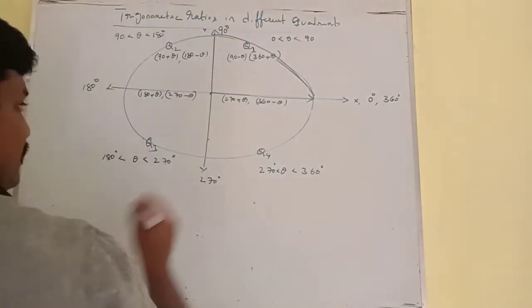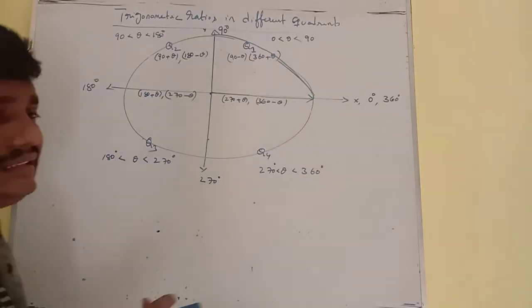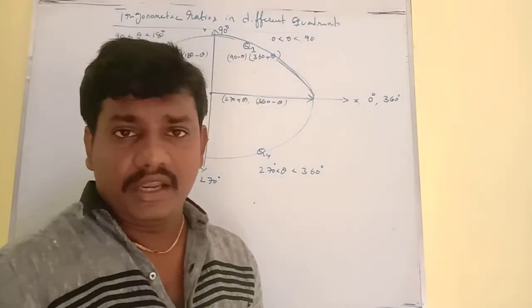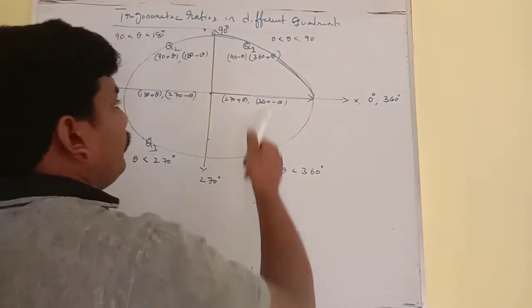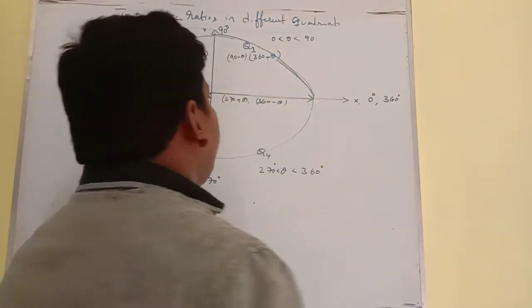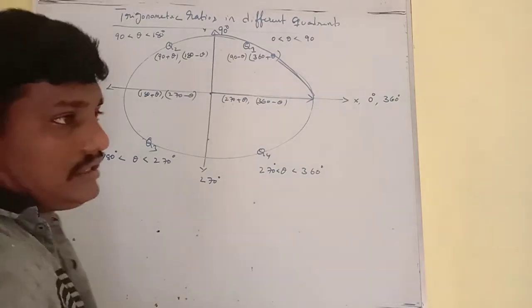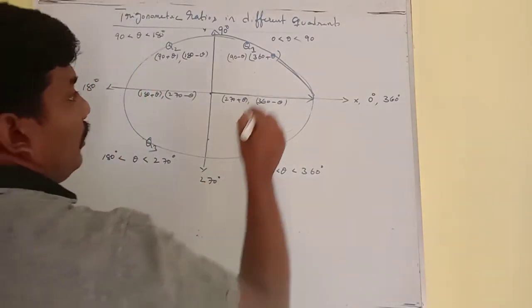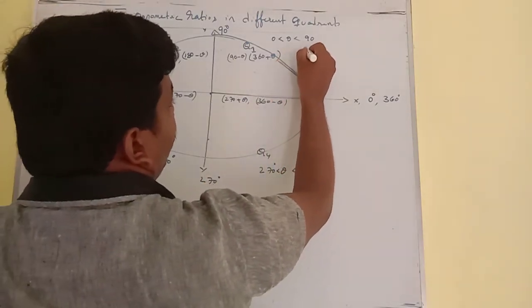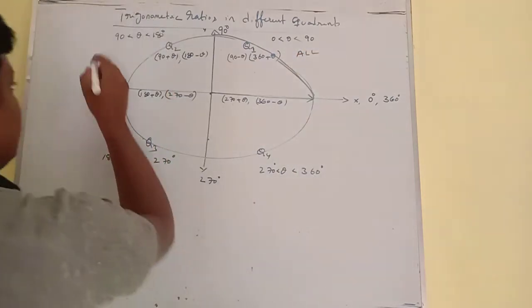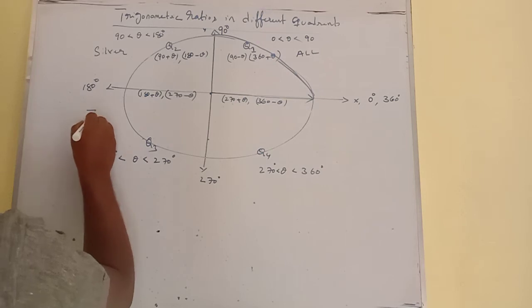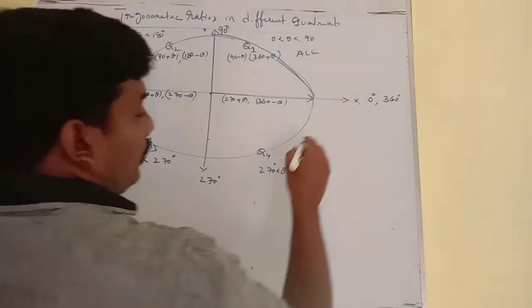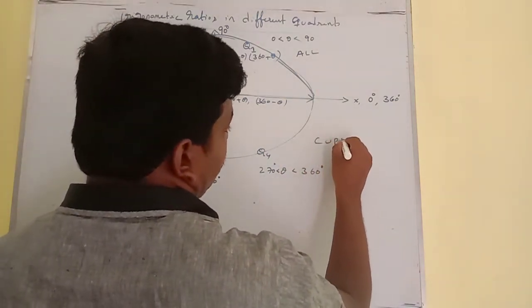Okay. So now let me see what is the sign of trigonometric ratios in each and every different quadrant. Simply we are going to call it one phrase, all silver tea cups. This is all in the first quadrant, silver in the second quadrant, tea in the third quadrant, cups in the fourth.